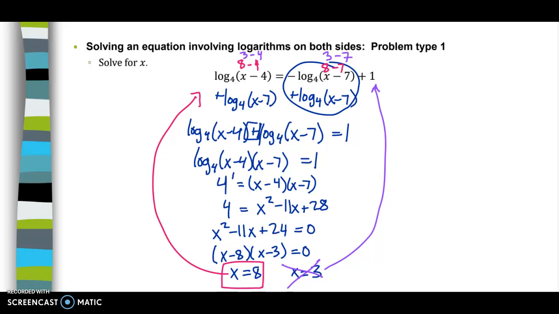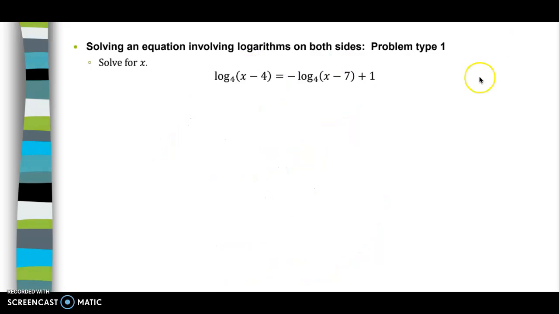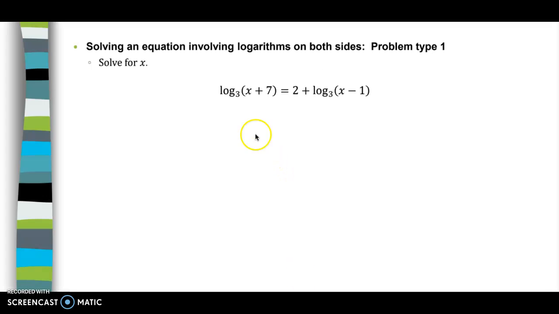Let's go ahead and do one more of this problem type. Here we have log base 3 of x plus 7 equals 2 plus log base 3 of x minus 1. And we are told to solve for x.